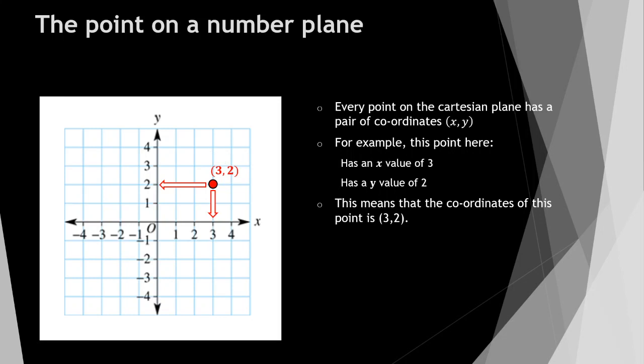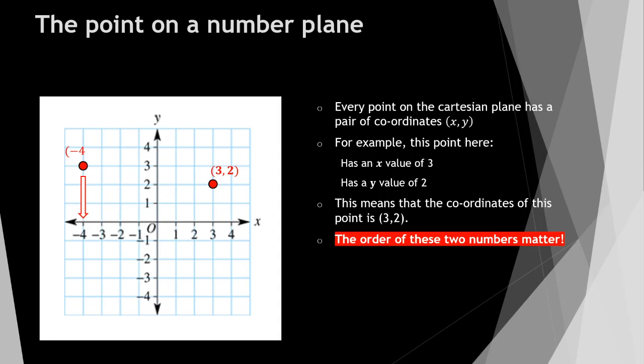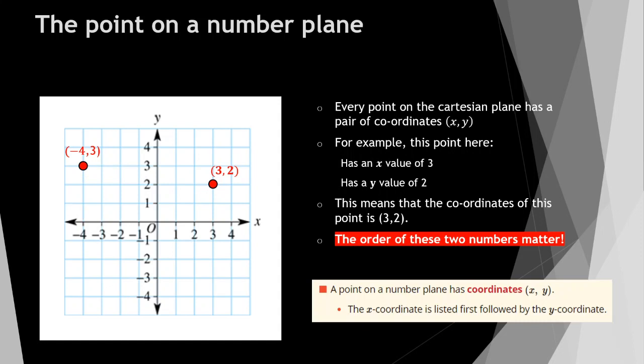So the x value always comes first and the y value always comes second. So let's look at another point. This point here has an x value of -4 and a y value of 3. So we say (-4, 3), of course putting the comma in the middle. Let's look at this point here.